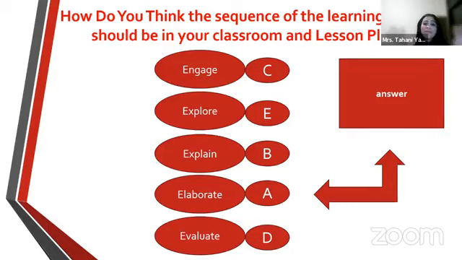And finally, after we do all of these, it is the part where we evaluate their understanding. By evaluation, we do not mean only a quiz. Maybe just a discussion, a game, a competition, or group work. I just need to make sure that they have gained the concept.